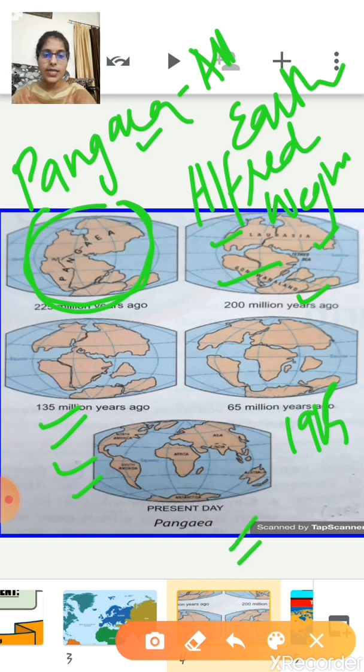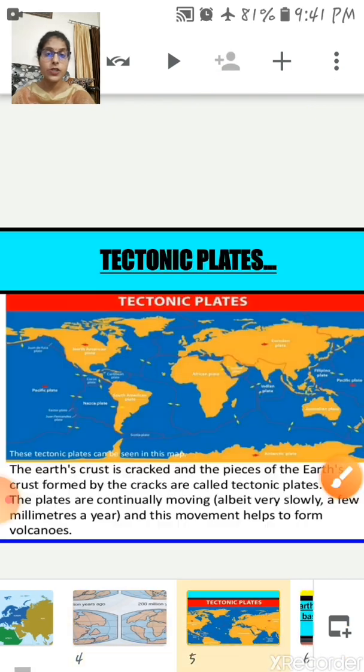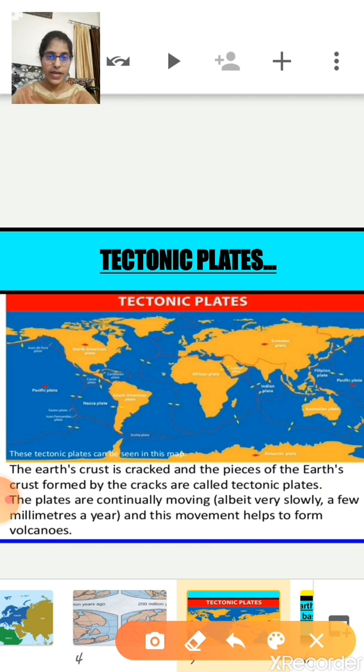Right. Now let's understand the concept of tectonic plates. Basically, it concerns the crust of the earth. As you all know, what is the crust? We already discussed it in the previous chapter. It is the uppermost layer of the earth.